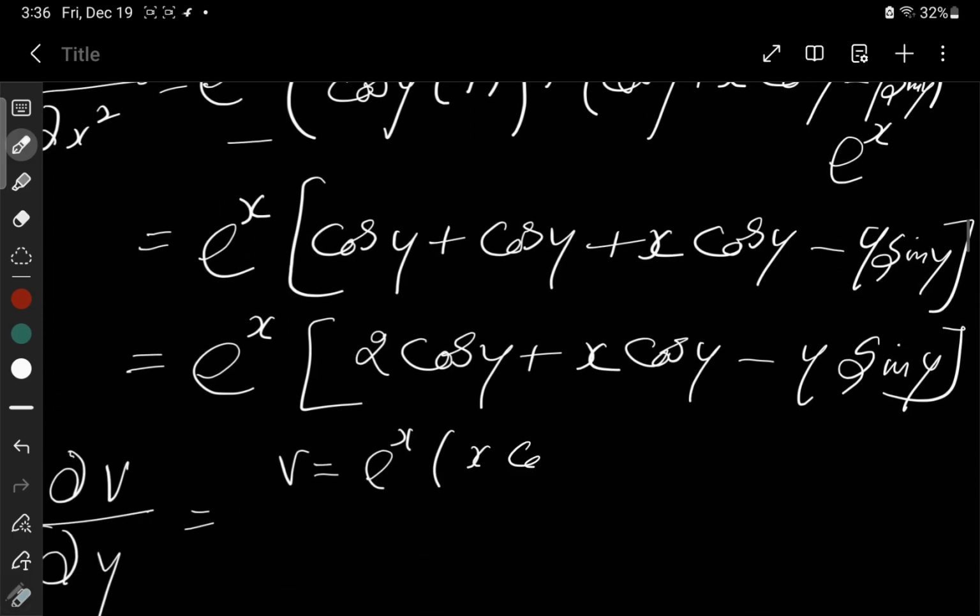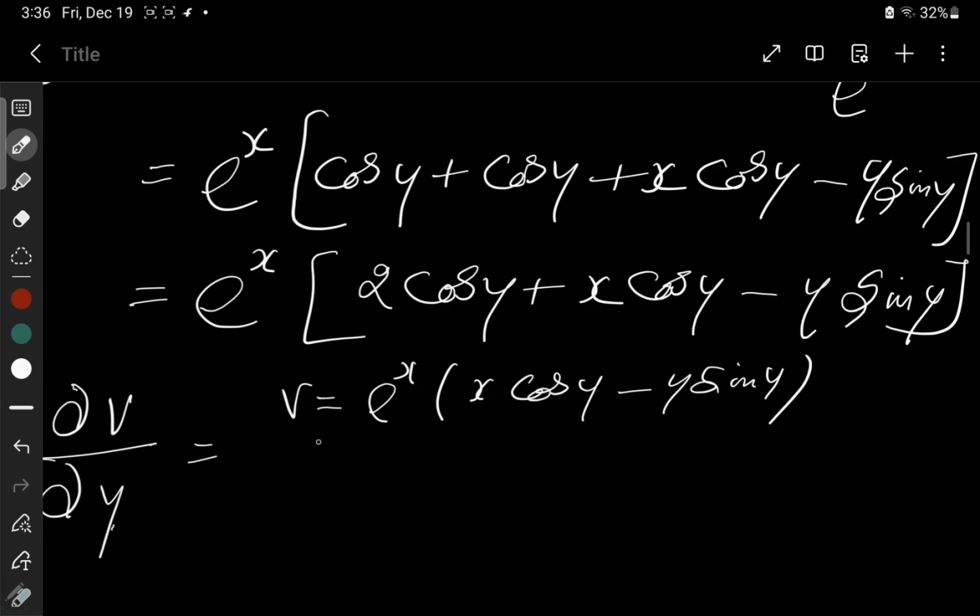Now dou v by dou y: here u into v, but only x is in the u term, so you keep e power x as constant. Differentiate only this, x constant. If I differentiate cos y, I will get minus sin y.